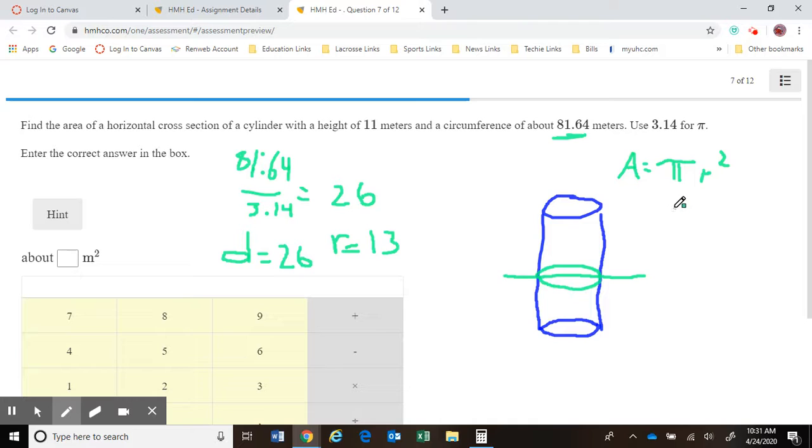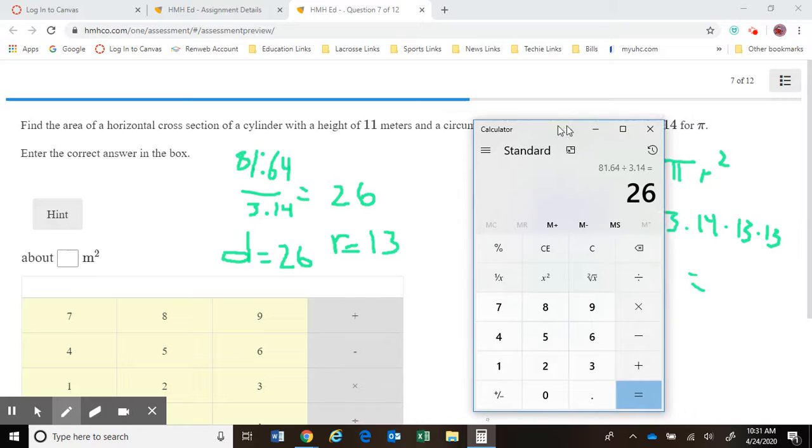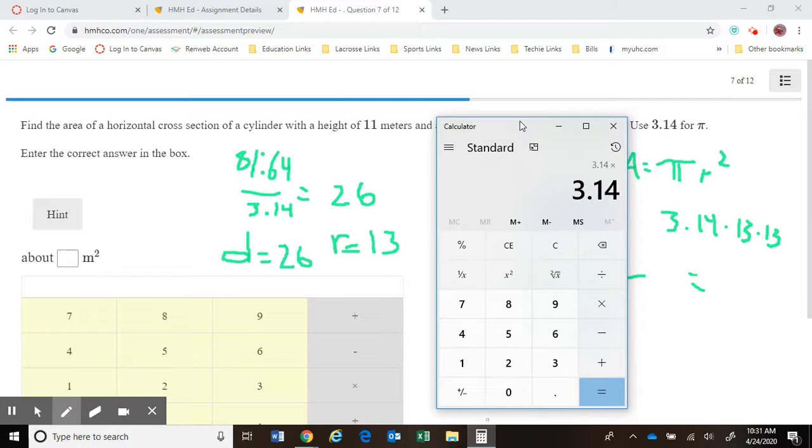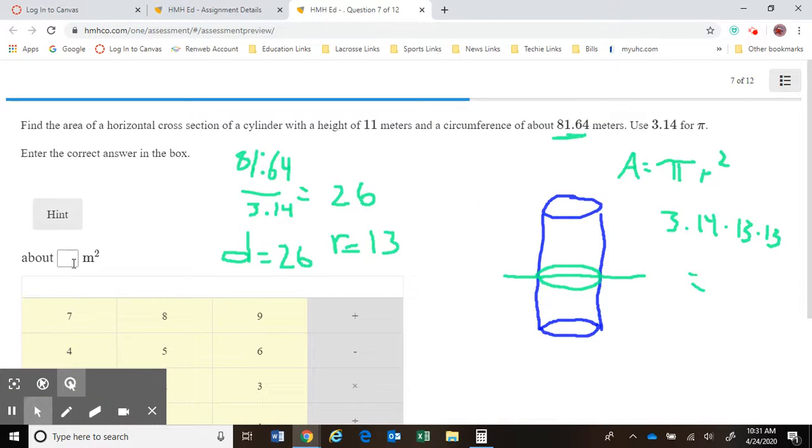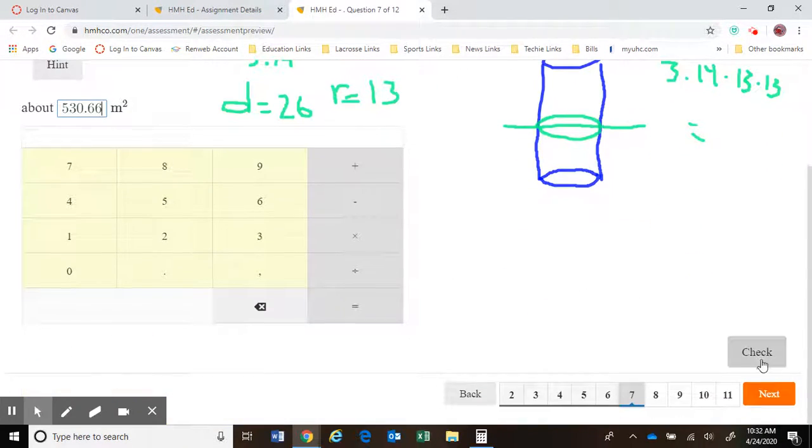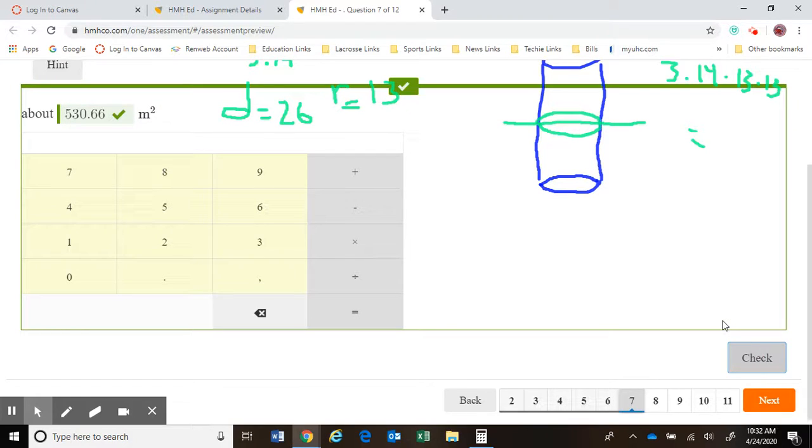So we need to go 3.14 times 13 times 13. And what will that give me? It gives me 530.66. Okay, let's clear this off.